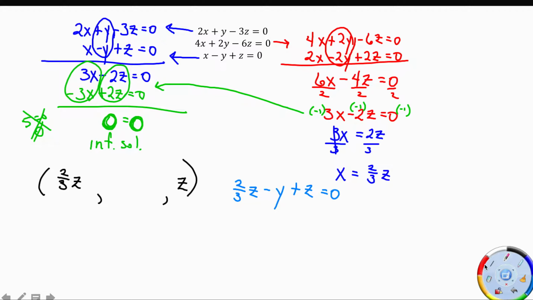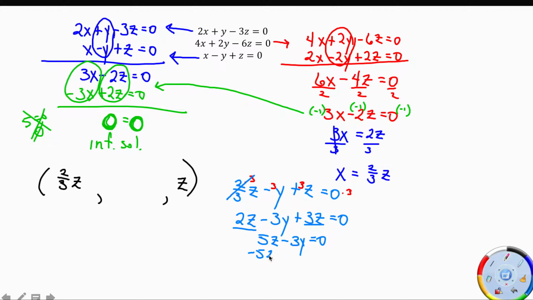First thing I'm going to do is get rid of that fraction because I have an equal sign. Okay, so times 3, times 3, times 3, times 3, giving me 2z minus 3y plus 3z equals 0. 5z minus 3y equals 0.